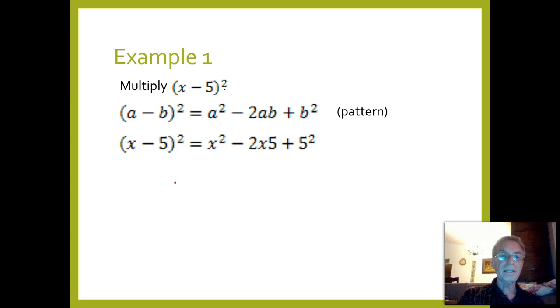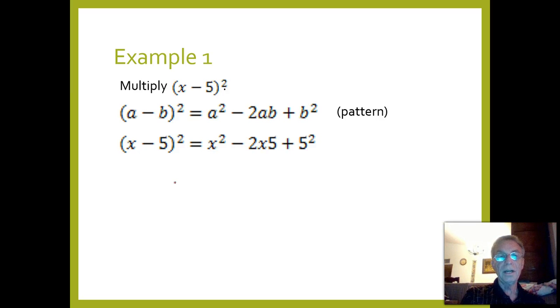So we had x minus 5 in parentheses squared. Using the pattern, the first term gets squared, so that's x squared. The second term gets squared at the end, so that's plus 5 squared, because when you multiply a negative number times a negative number, you get a positive number.